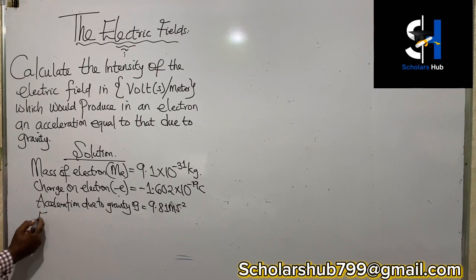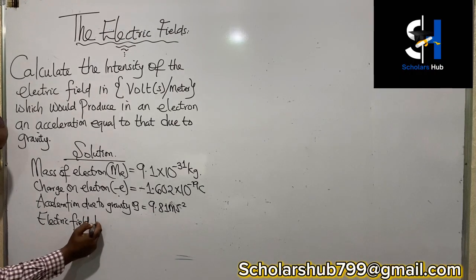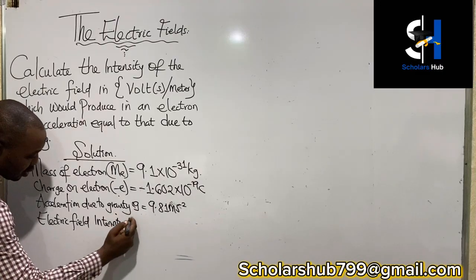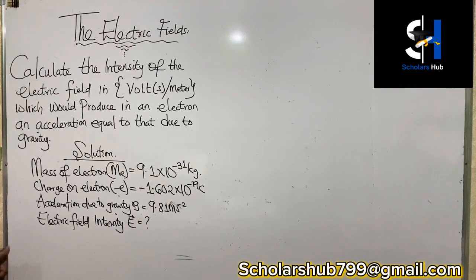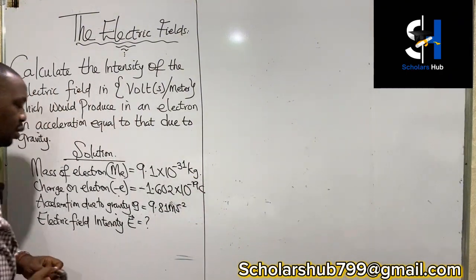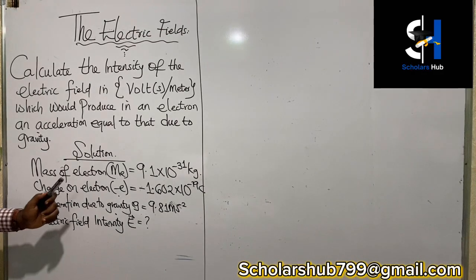So we have our electric field intensity, also known as electric field strength, that is the unknown parameter.